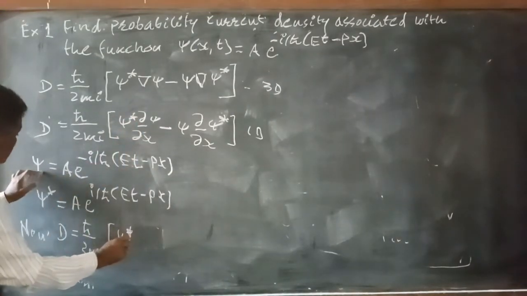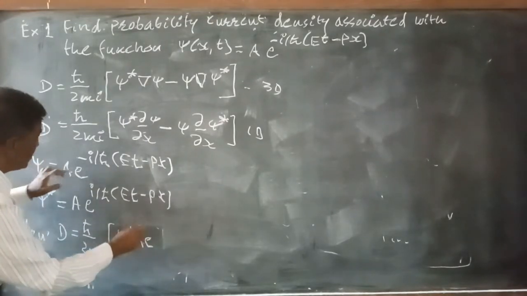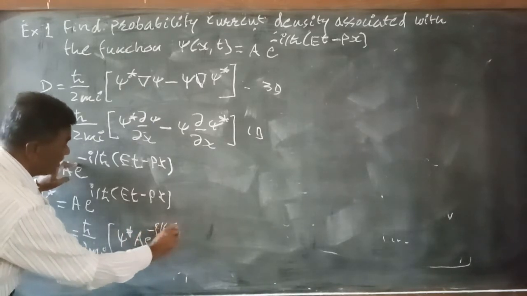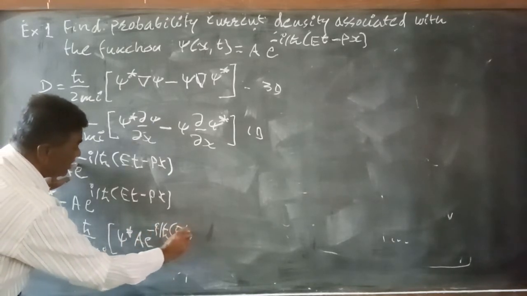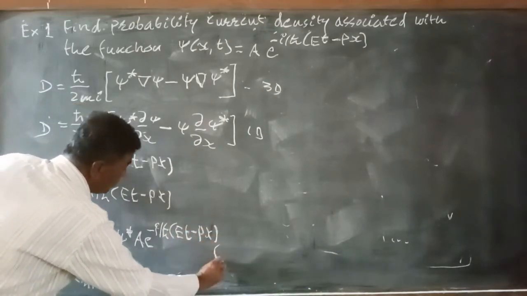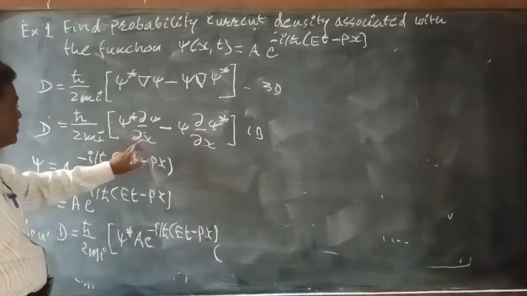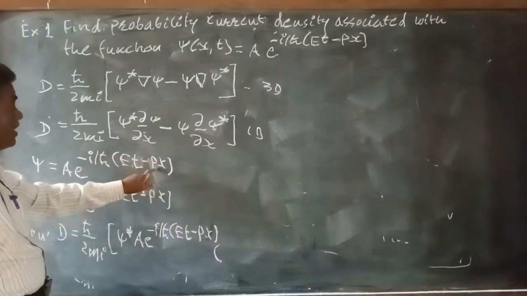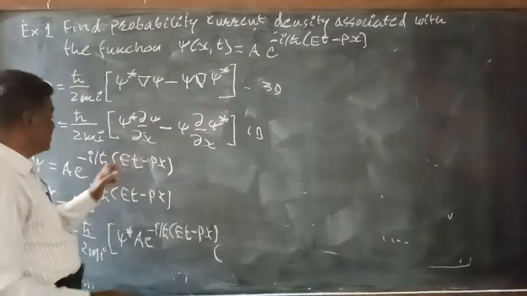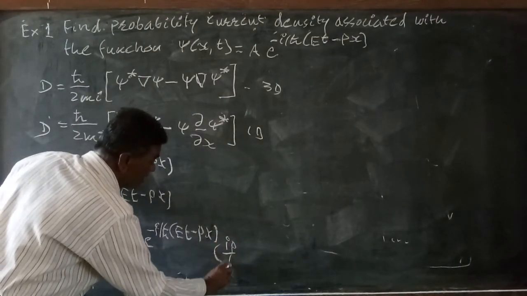So this will be equal to e to the power minus i by ħ as it is, into bracket (Et minus px), into differentiation of the power term with respect to x. We will take the differentiation with respect to x. Here the coefficient of x, that is minus, becomes plus ip divided by ħ. Here we are getting ip divided by ħ.